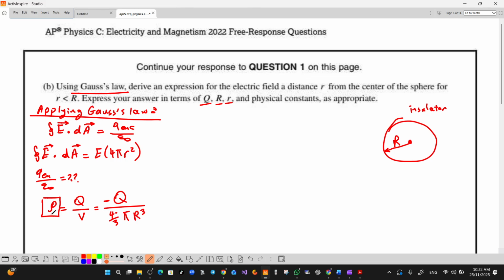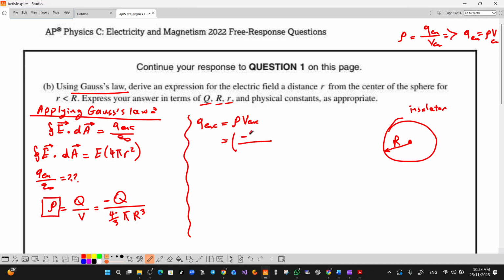Now we have expressed the charge density by using information from the sphere itself. Let's use this density to evaluate the Q enclosed. Rho is equal to Q over V, so to find the Q enclosed, we must multiply rho times V enclosed. The density is given by minus Q over 4 over 3 pi R cubed, multiplied by the V enclosed.